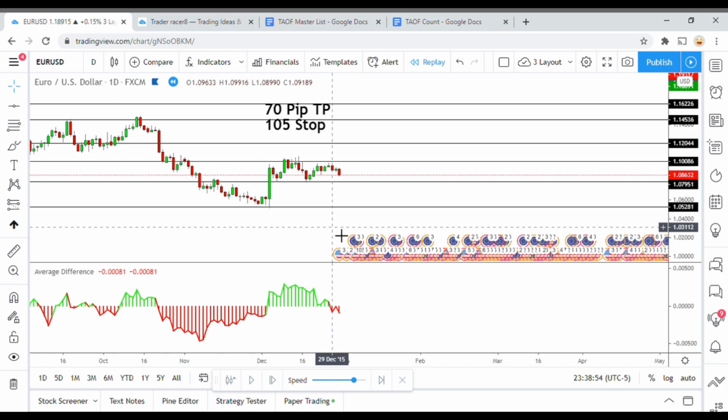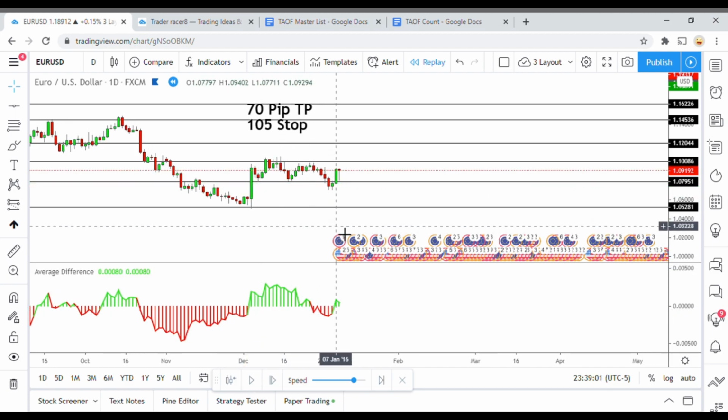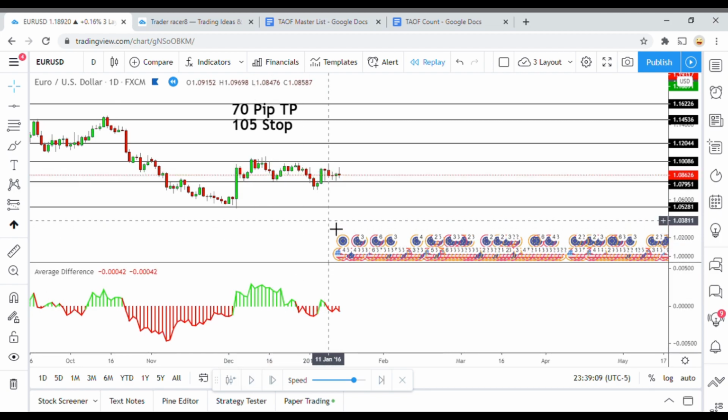So first, signal right here. It's actually not quite into the year yet, so I'm going to go ahead and play this forward. Ignore that one. We will start with this one right here. Play it forward, see what we can get out of it.